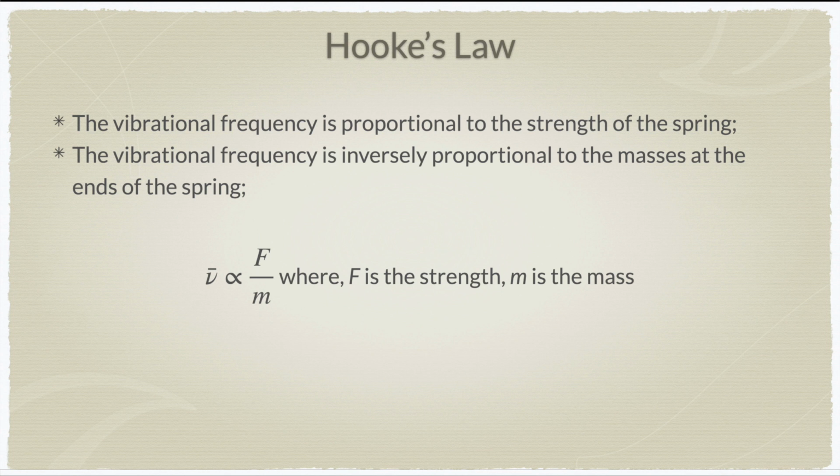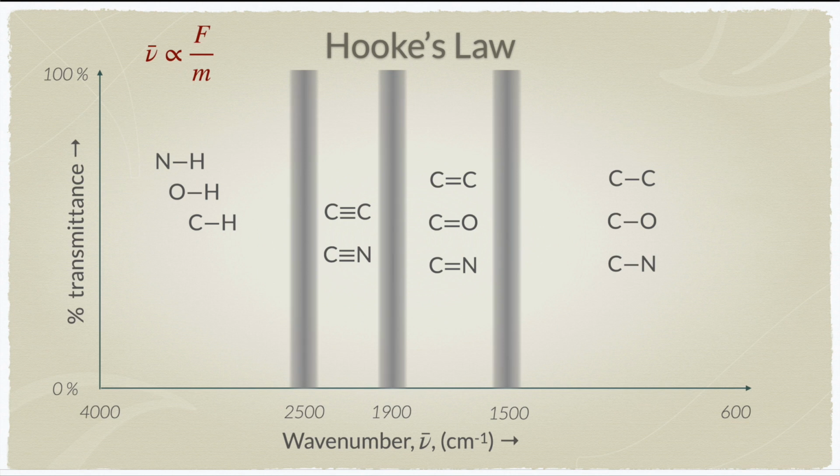Okay, so now keeping this, let's have a look again at that picture from earlier. We all know that single bonds are slightly weaker compared to double bonds. A carbon-carbon single bond is slightly weaker than a carbon-carbon double bond. You need more energy to break a double bond than to break a single bond.